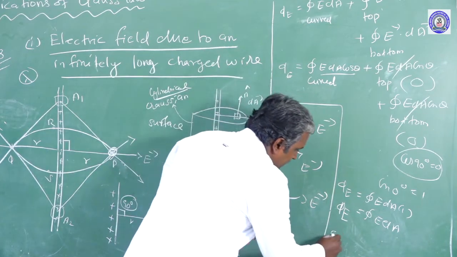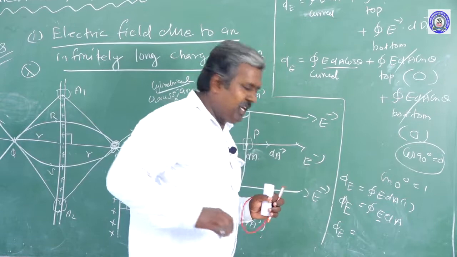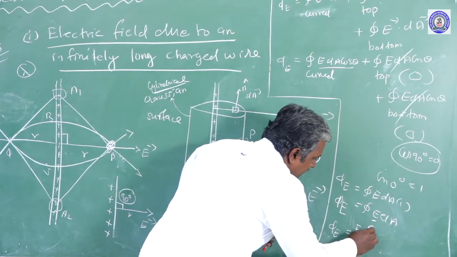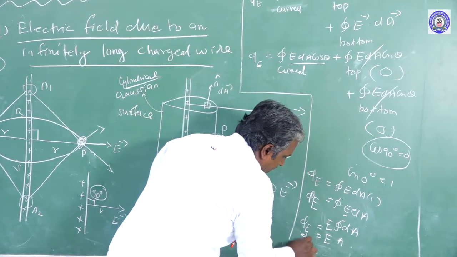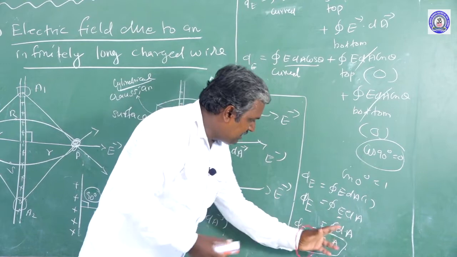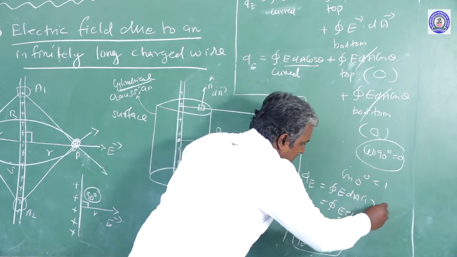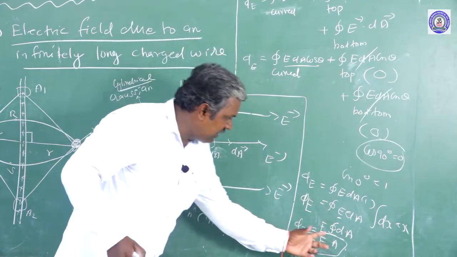Therefore, flux is equal to E, the electric field constant, taken outside, times the integral of dA. So E A, because the integral of dx is equal to x. Am I correct or not? So the integral of dA is equal to A.